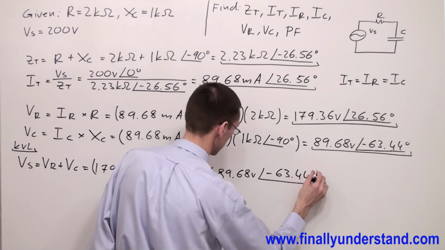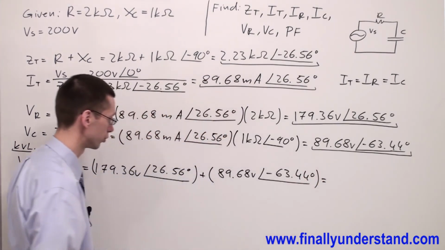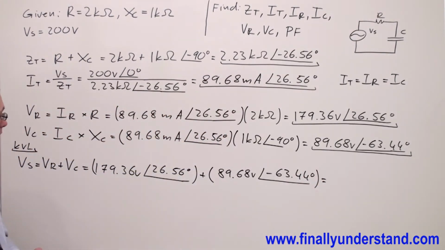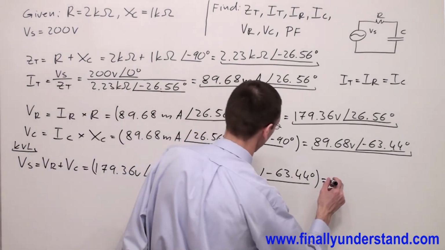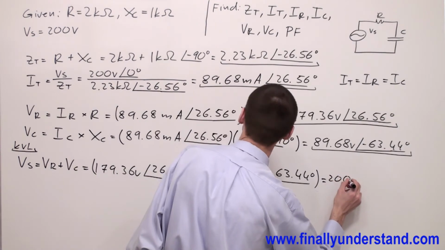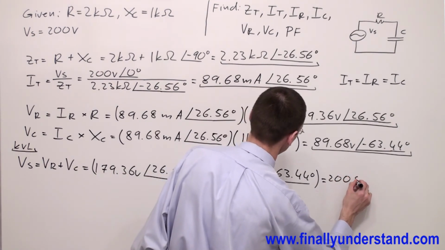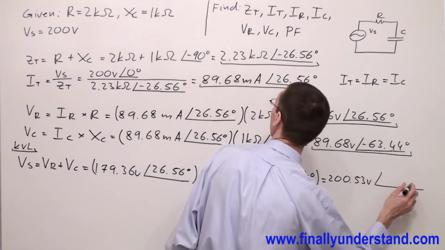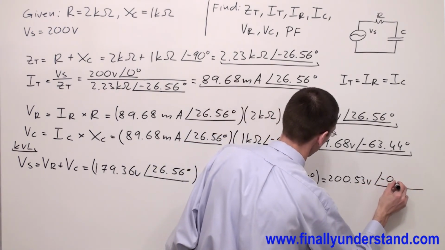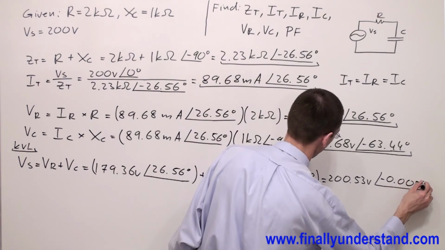63.44 degrees. If you use the calculator and add these two values, you're supposed to get 200.53 volts and angle of negative 0.005 degrees.